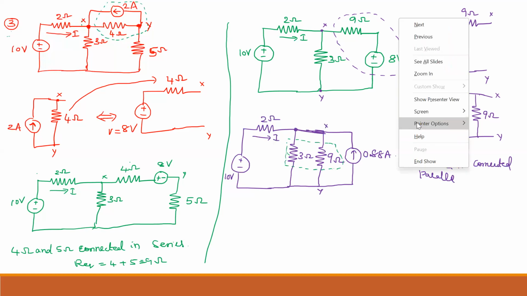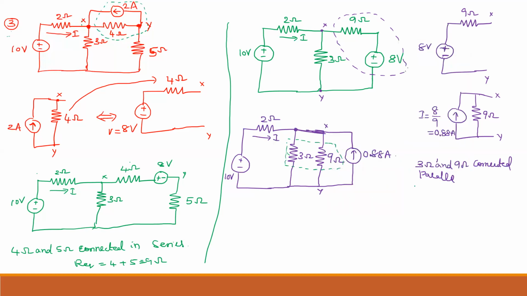So how can I write that? R equivalent is equal to 3 ohm parallel to 9 ohm, which is 3 into 9 by 3 plus 9. How much will you get? 27 by 12. So 27 divided by 12, you will get 2.25 ohms.